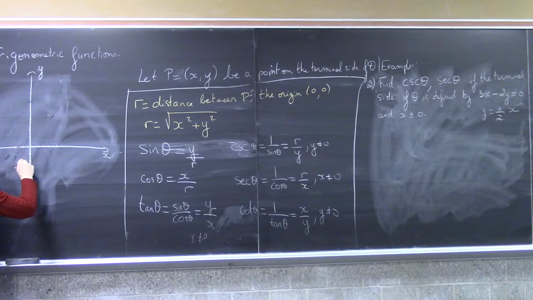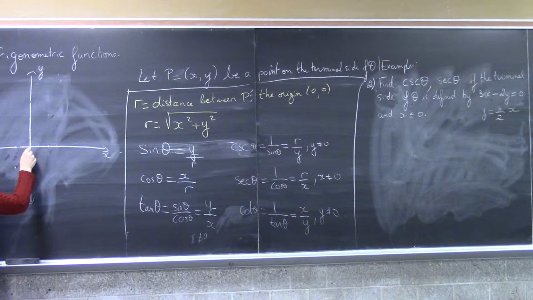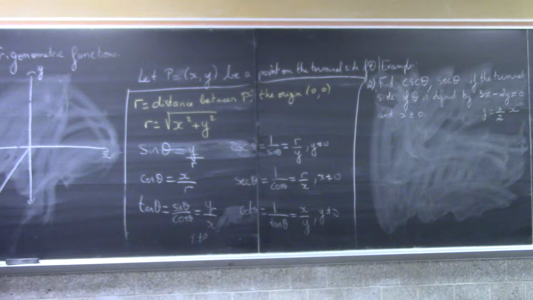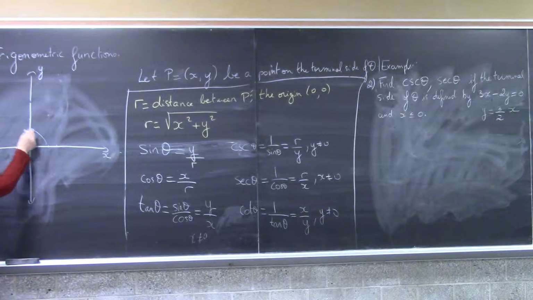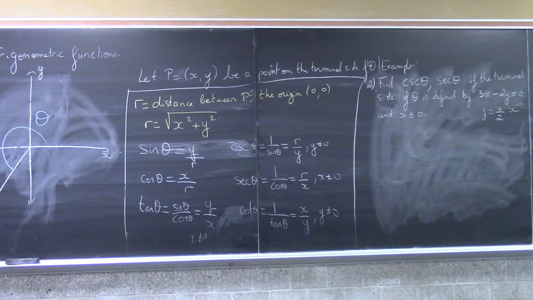But I want to look at just the negative x, so I'm going to go over here. Why is that? That's part of it: x is less than or equal to 0. Oh, I didn't see that. So this is my terminal side, and this is my angle theta. This is y equals 3/2 x, where x is less than or equal to 0.